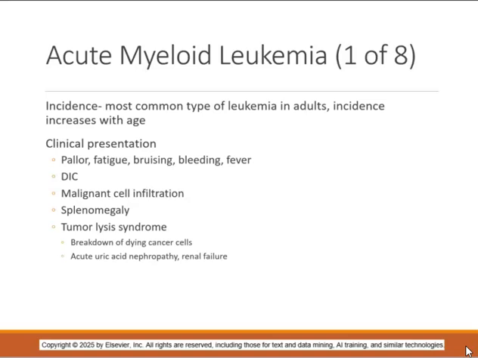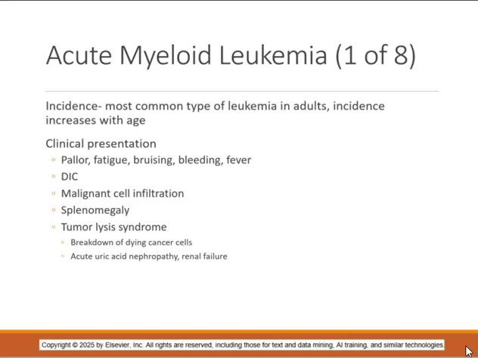syndrome. Basically, what it means is once they start getting chemotherapy and they start killing all these cancer cells, you have to be so careful because inside the cancer cells, remember, is DNA, and one of the parts of DNA is the purines and pyrimidines, the base pairs. So the purines, when they break those down, have uric acid in them.